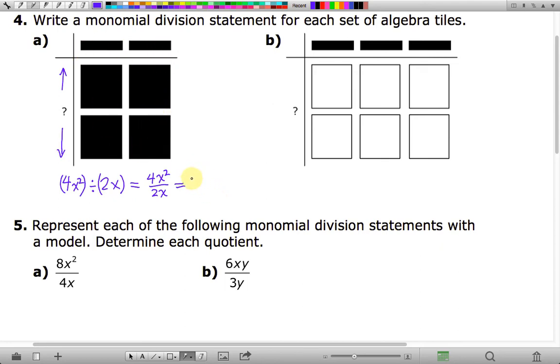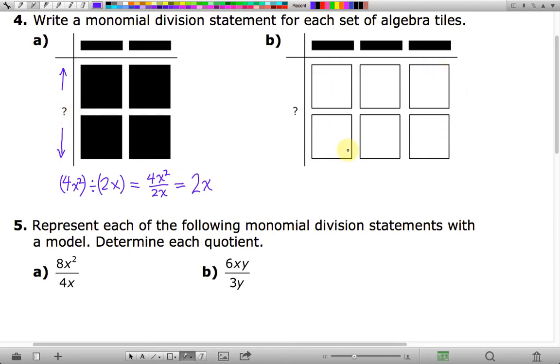And you probably can figure that out, that that would be 2x. But to distinguish this question from our multiplication, we don't draw in the quotient here. Just leave it as a question mark.